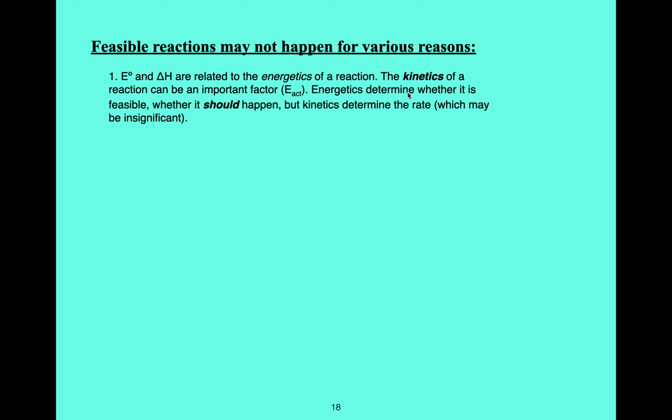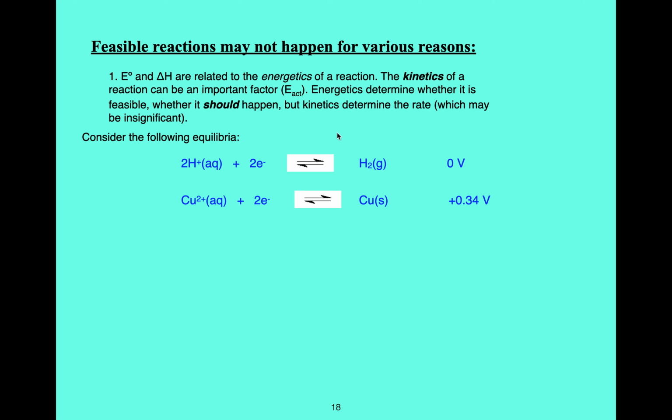But the kinetics of a reaction, the activation energy, is an important factor. Energetics can say whether it's feasible, but kinetics will determine the rate, and the rate may be very low. It may be insignificant. Let's have a look at examples of this.